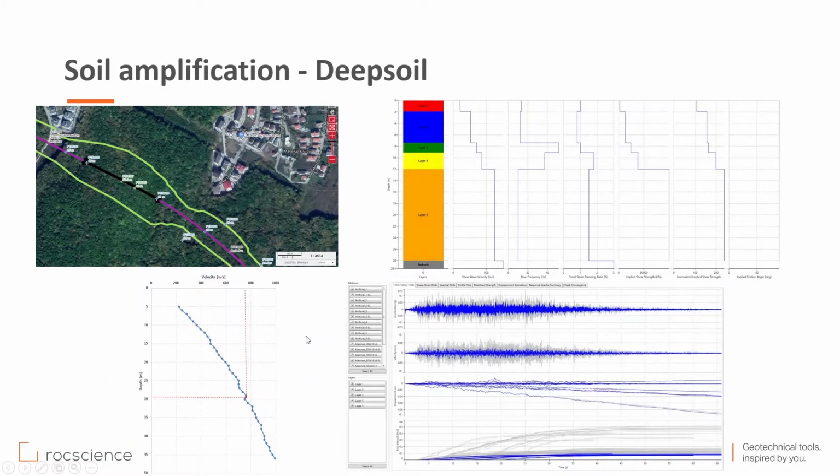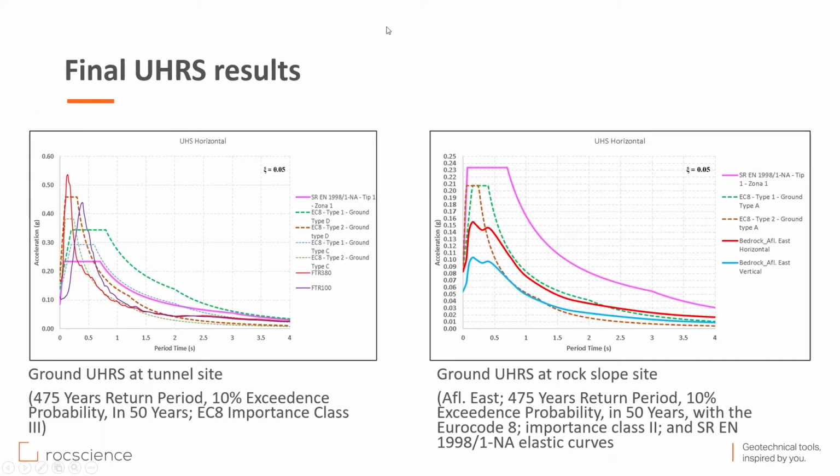So the threshold is at 760 meters per second shear wave velocity data, based on the Eurocode. And of course, after all evaluations, we have this surface response spectra for this area, for the tunnel area.